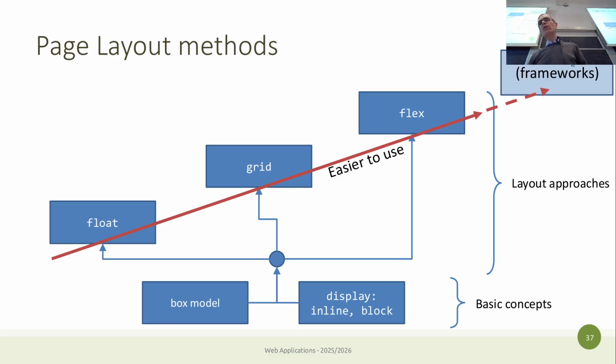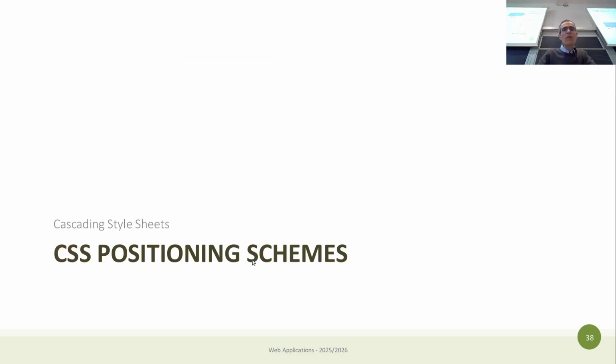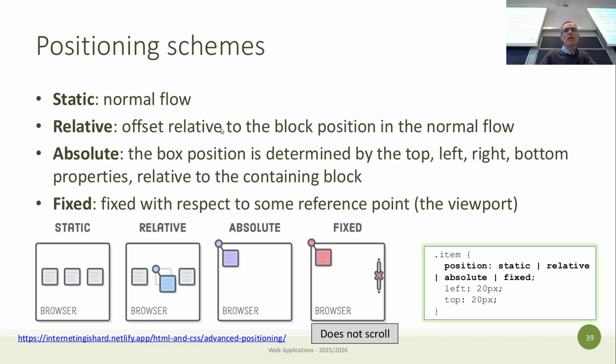Of course, maximum flexibility is here on the left and the least flexibility here on the right, but this framework is constructed well. The limitations are typically not so strong for us, and we can achieve more or less what we want. So just have a look at the CSS positioning schemes.